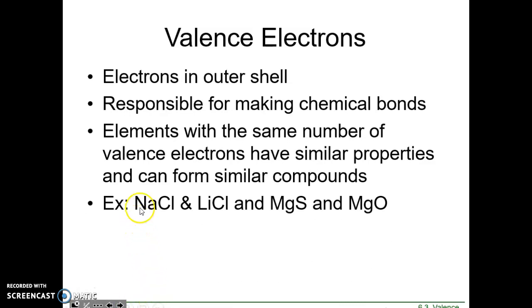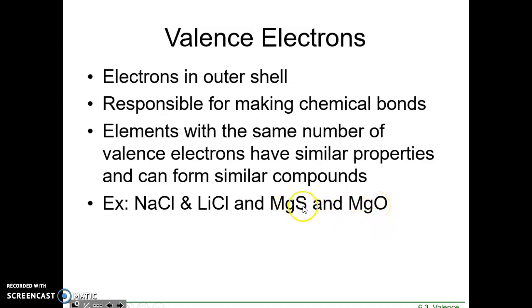Okay, so we know that sodium and lithium are in the same family. They're in group 1. They're both alkali metals. And they're going to form 1-to-1 ratios with halogens. So NaCl and LiCl. Whereas magnesium we know is group 2, and then oxygen and sulfur are both in the same group.